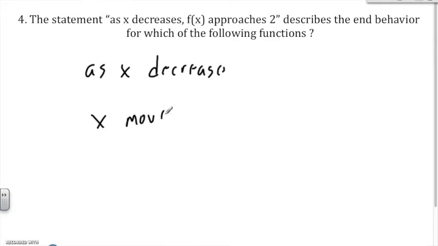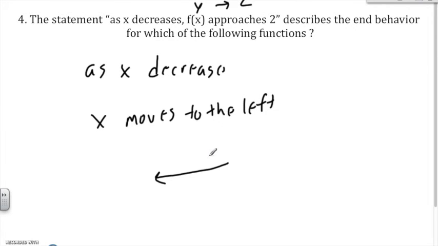But just to break this down, as x decreases, what that means is as x moves to the left. So we are asking, as the graph, as x goes this direction, what is happening to the y value? In this case, we're saying that the y would approach 2.